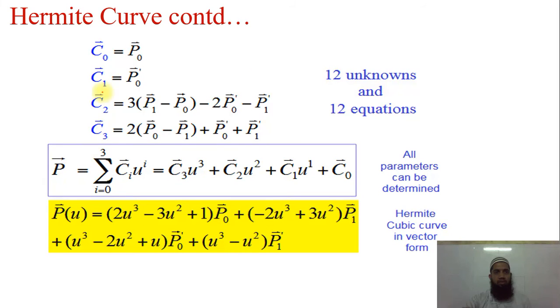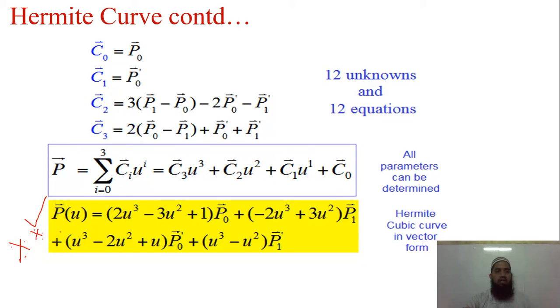Here I'll get this p, and I'll put all these values in this equation. Once the C3, C2, C1 and C0 values are determined, all parameters are known, and after that I'll get the final equation. You must know this is the final equation, which is very important. You mark it with two stars.